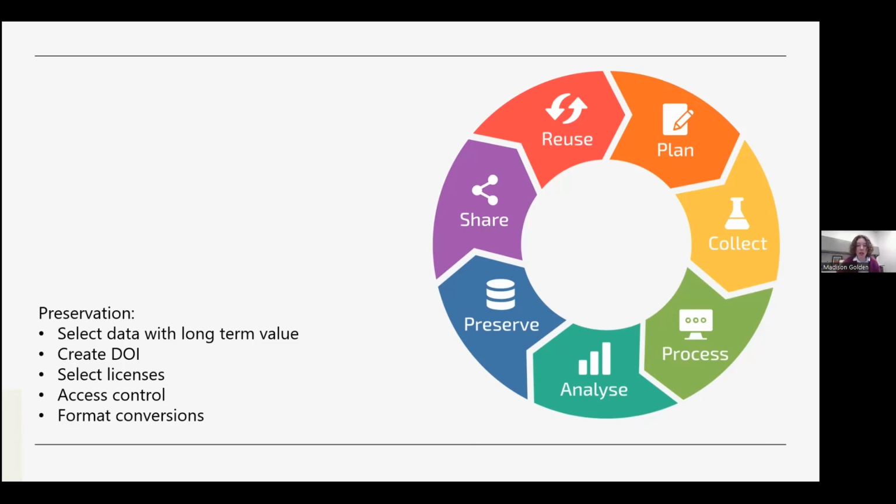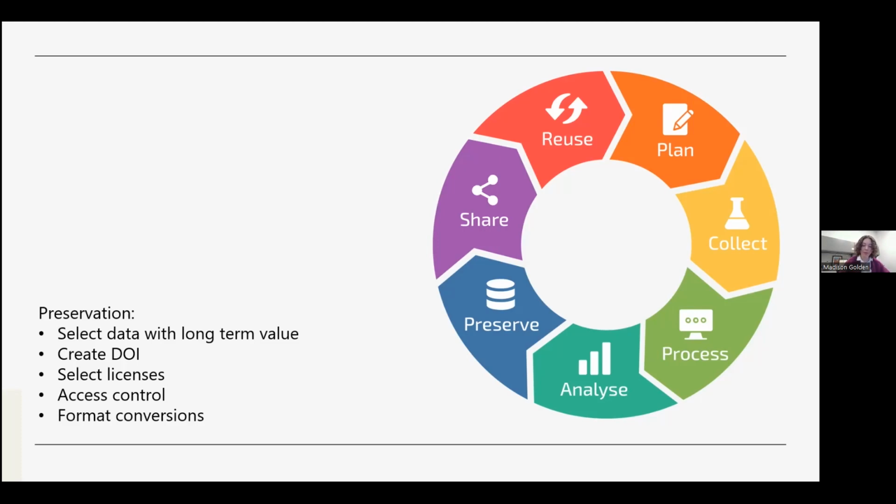Again, if you're going to be sharing, you'll need to define who gets to use that data and how. So maybe you only want people to be able to use it for non-commercial use, or maybe you just want it to be in the public domain, period. But those kinds of decisions are all being made now. Also, formatting your data set, I'll go a little bit into later, but trying to make the format and metadata as accessible as possible.